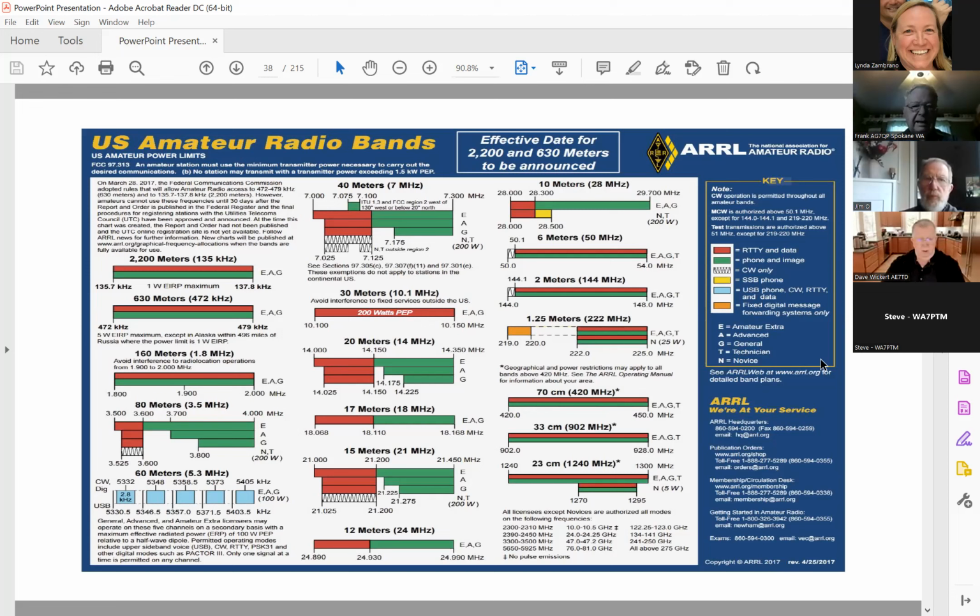The important thing for you to know when you're operating is that where it says T, you can operate there. And if the T isn't there, where that frequency is where you want to operate, you can't operate there. And by the way, that's a great reason to go ahead and do General and then Extra, because once you get Extra, you don't have to worry about any of that. You can use it all.